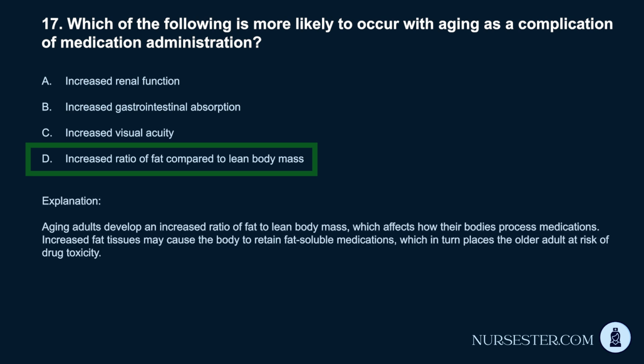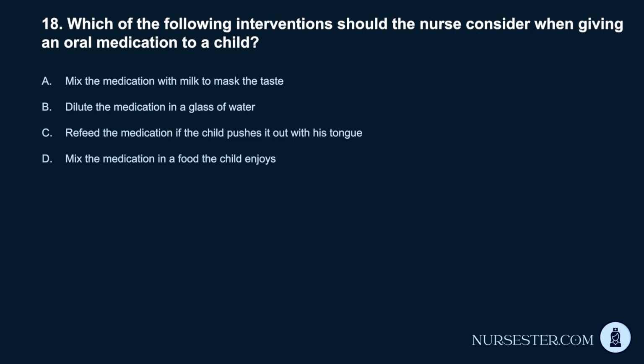Aging adults develop an increased ratio of fat to lean body mass, which affects how their bodies process medications. Increased fat tissues may cause the body to retain fat-soluble medications, which in turn places the older adult at risk of drug toxicity.